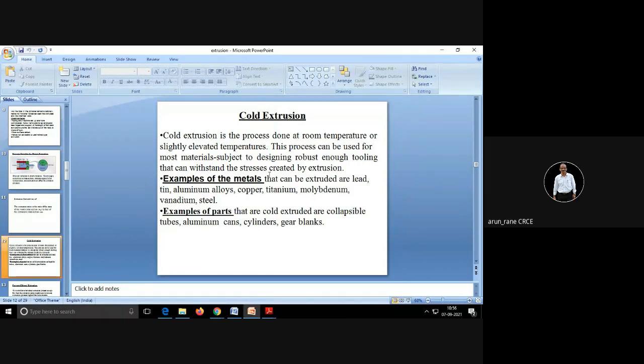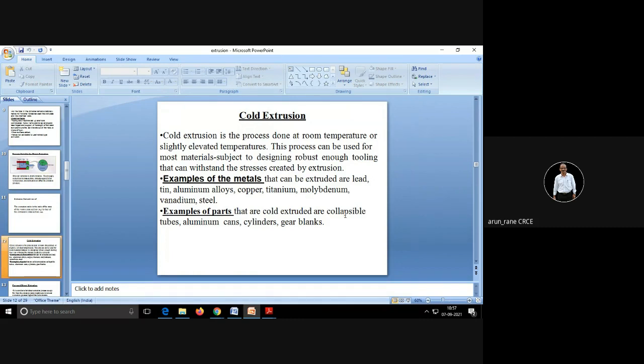So which materials can be easily cold extruded? Lead and aluminum, which are softer as compared to steel. Lead, aluminum, copper, titanium, molybdenum, vanadium, steel also, but preferably softer.